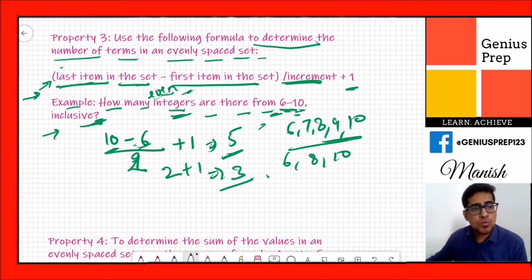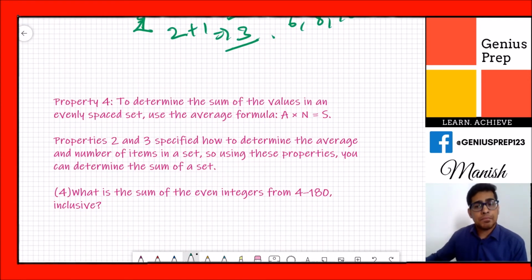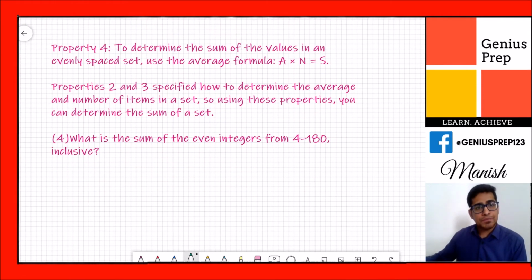Okay, so in property number 3 we talk about how to find the total number of integers in the arithmetic series.